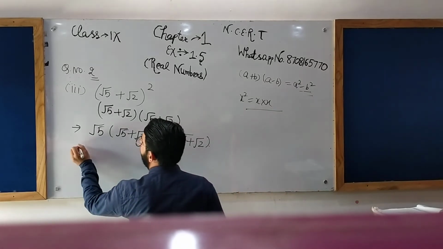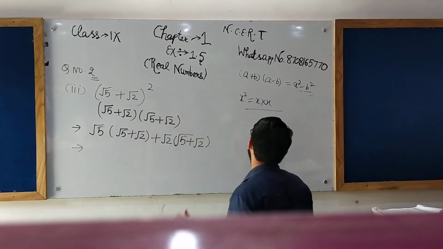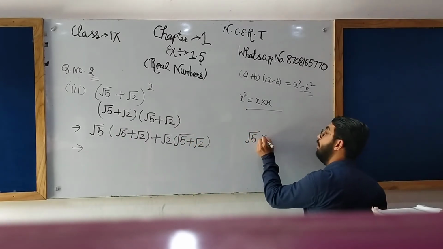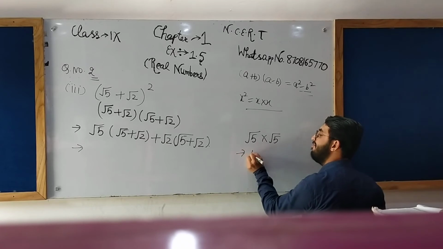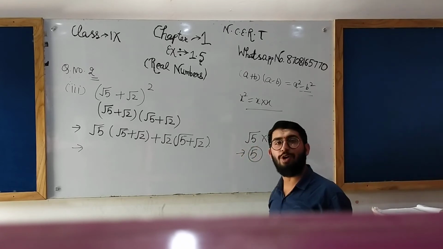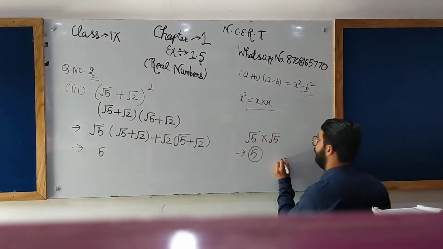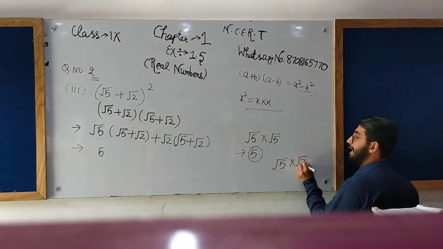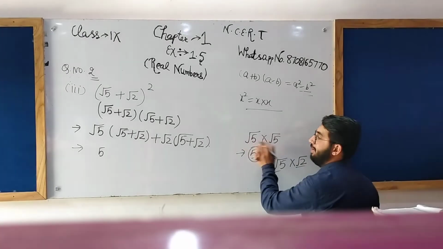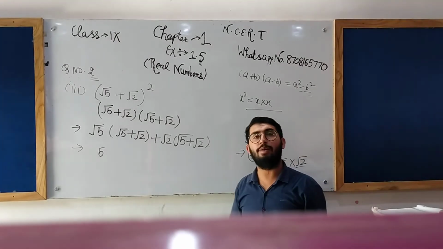Okay, now when you multiply root 5 by root 5, you already know root 5 into root 5 is what? 5. When you multiply root 5 by root 2, these are different factors, not the same. Whenever they are the same, then only the root will be removed.